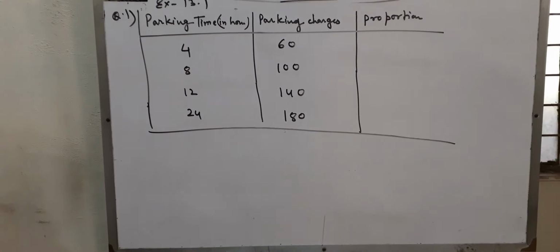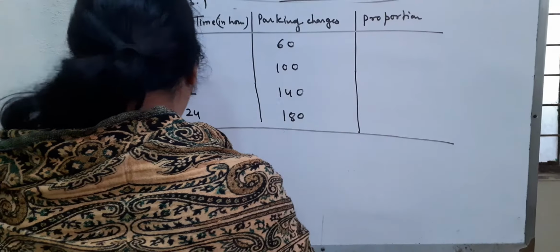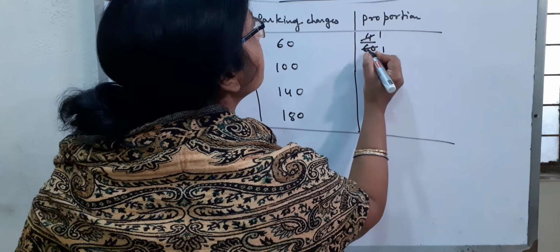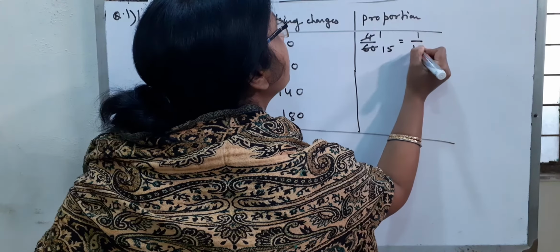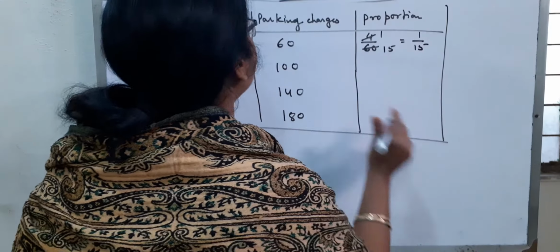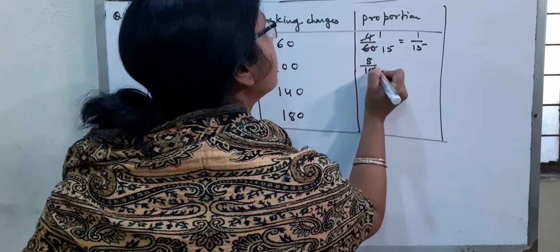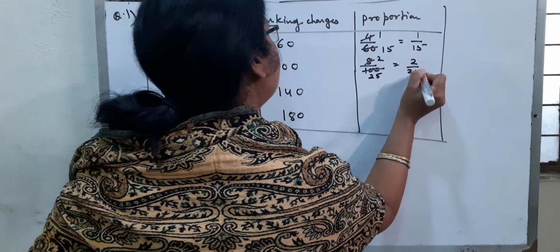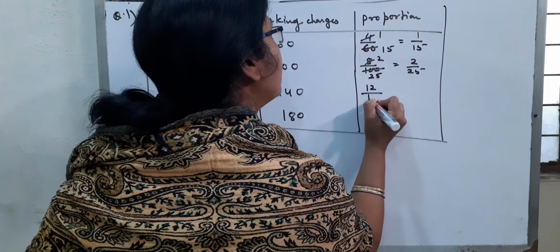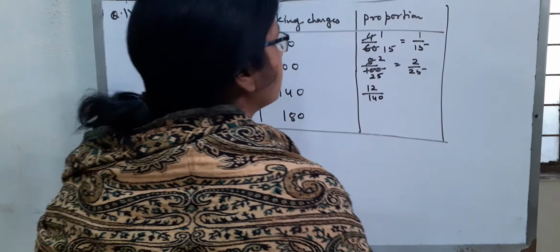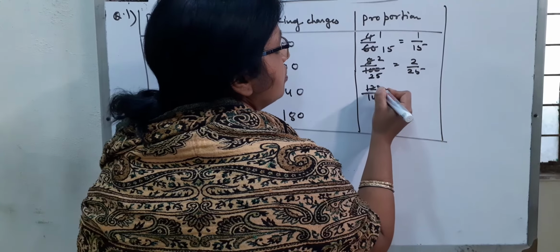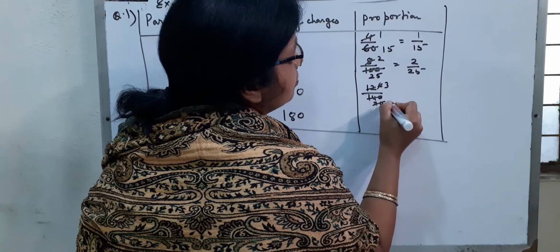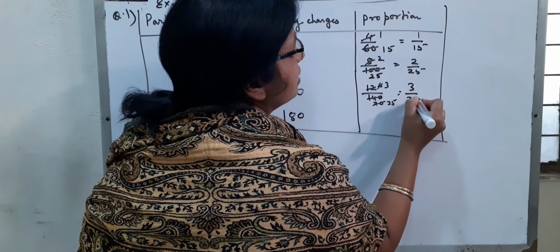Then we solve. 4 by 60: 4 ones are 4, 4 fifteens are 60, this is equal to 1 by 15. Then 8 by 100: 4 twos are 8, 4 twenty-fives are 100, this is 2 by 25. Then 12 by 140: 3 by 35.